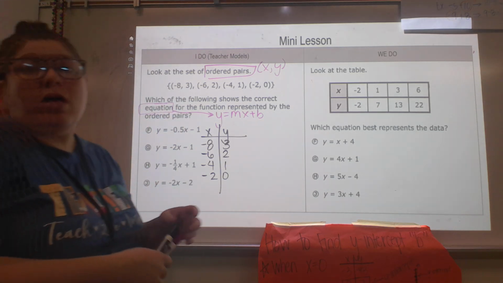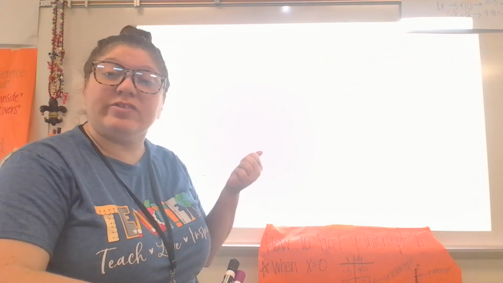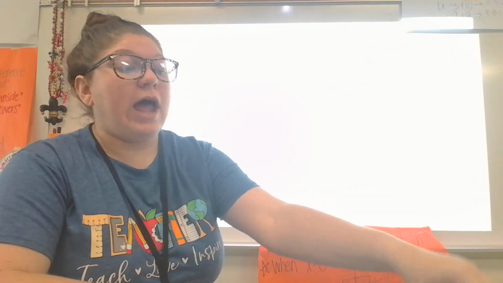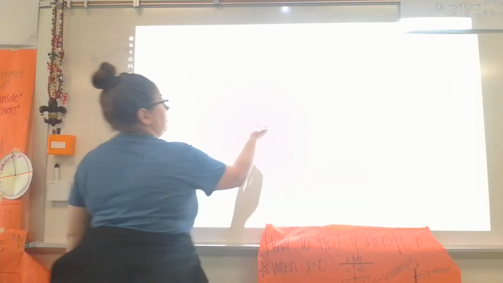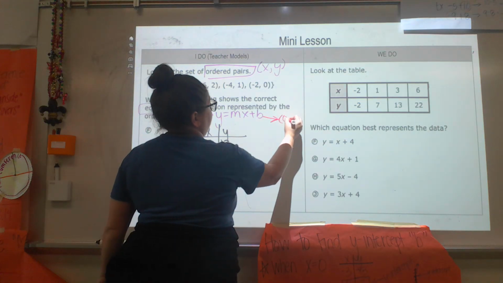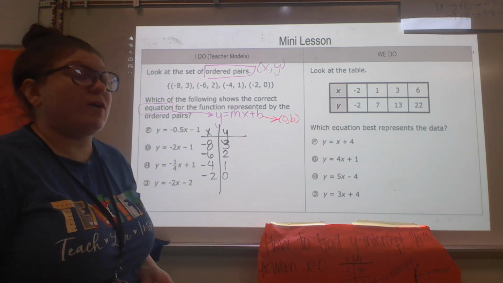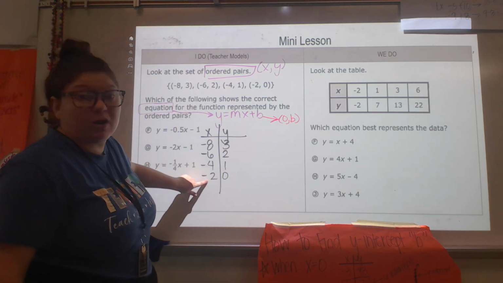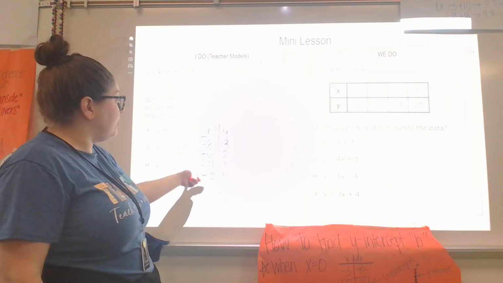Now, normally we would look to see what kind of information we have that we can use to make a slope or a y-intercept. I know that normally the y-intercept is 0 and whatever my number is, whatever my y value is. So if I look here, do I have any numbers that have 0 under my x?